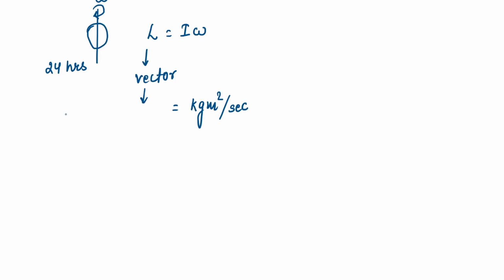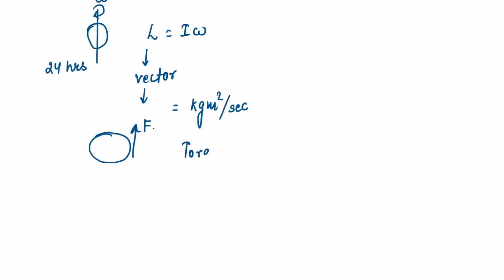Now, how can we change the angular momentum of any body? For example, if I have a turntable and I want it to move faster, I will have to apply more force, which would then produce more torque. So what changes angular momentum is torque.